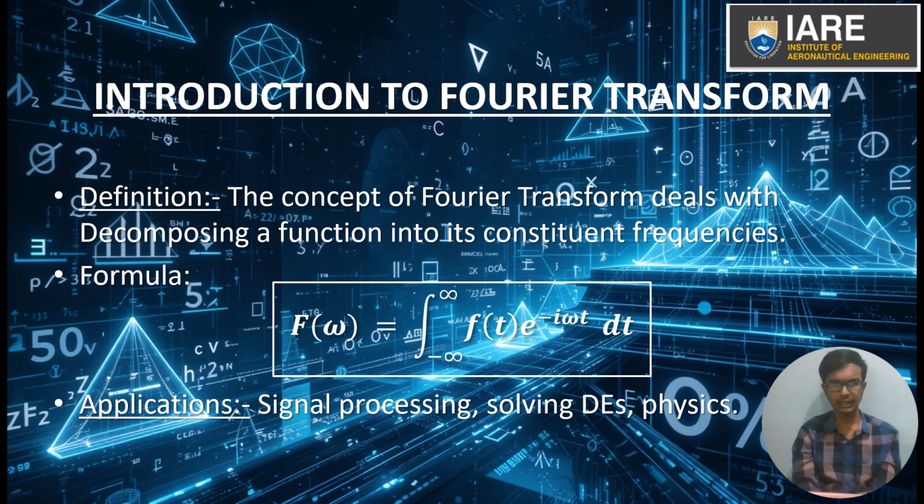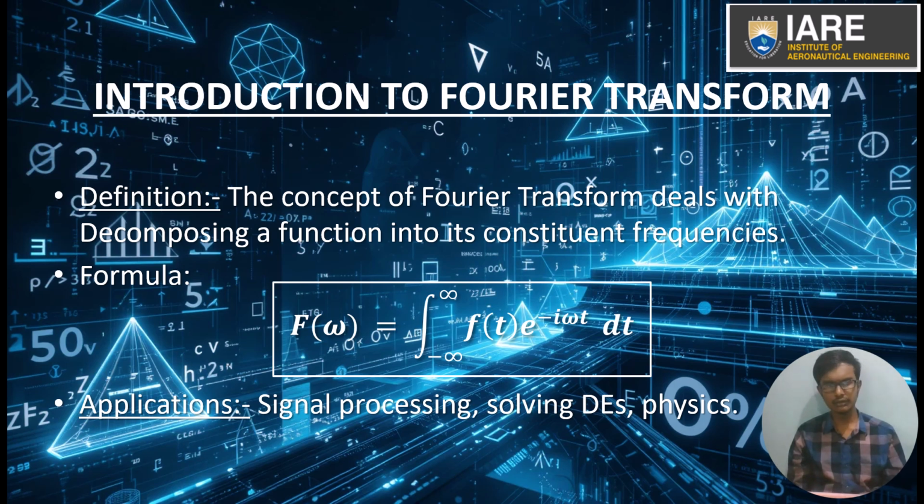Here capital F of omega is the transformed function of f of t, where small f of t is the original function, in the time domain or space domain, whatever we call it. Here t is the time variable or space variable. The omega is angular frequency.